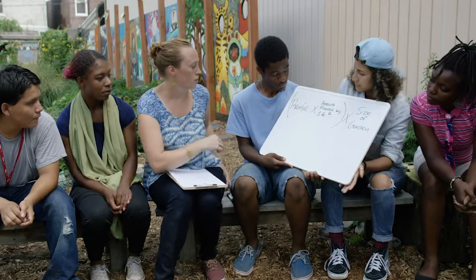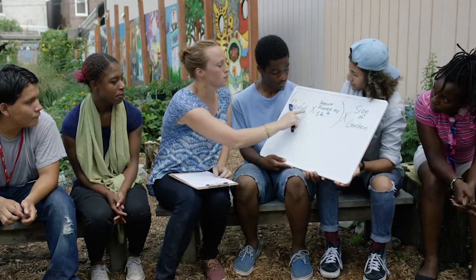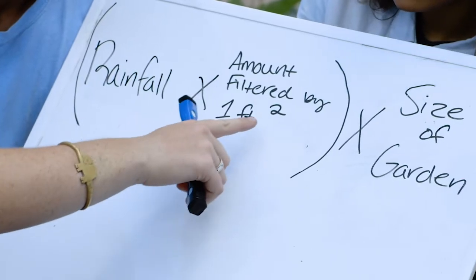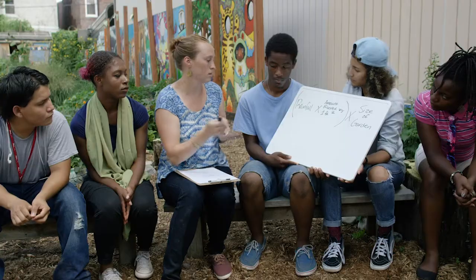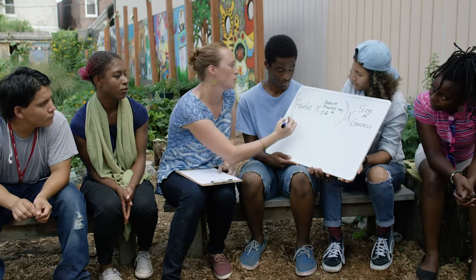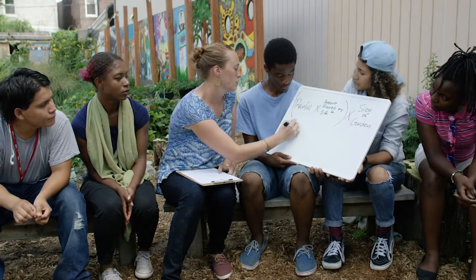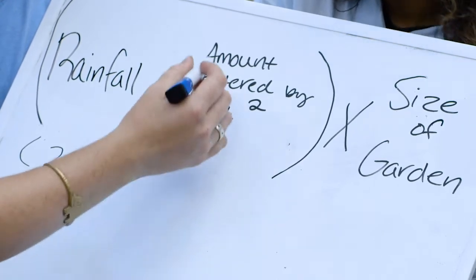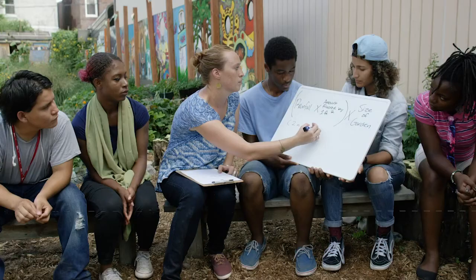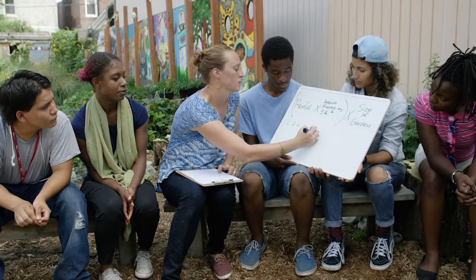Anaja, can you grab the whiteboard? So we've got our rainfall multiplied by the amount filtered by square foot multiplied by the size of our garden. So how much rain did we get? 2 inches. And how much is filtered in 1 square foot? 0.623.